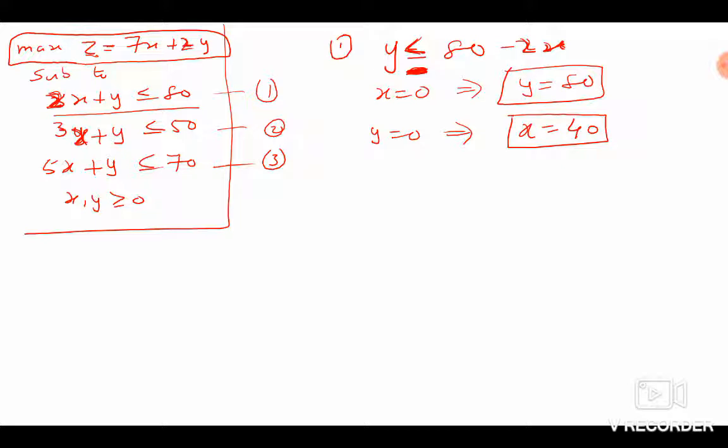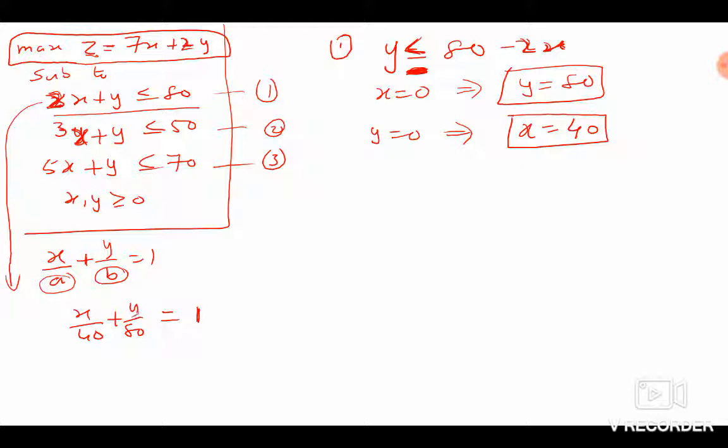If you write a straight line x over a plus y over b is equal to 1, the denominator of x is x intercept, the denominator of y is y intercept. This is also possible. You can divide this inequality by 80 and still get it. When you divide this inequality by 80 and instead of inequality assume it is equality, the right side is 1, x over 40 plus y over 80.